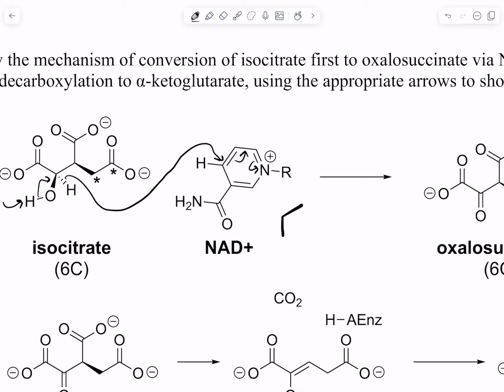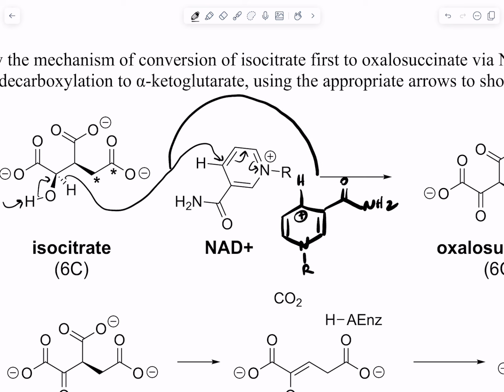Yep, it's also totally acceptable to draw NAD plus like this with a plus on the carbon that's opposite the nitrogen, and then to show this arrow going there. Yep, great. Others?